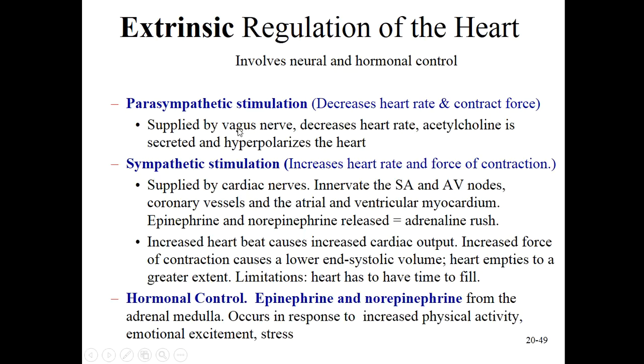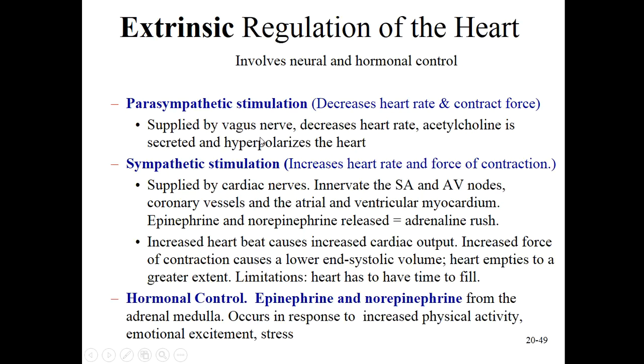So it relates to sexual arousal, and it relates to speeding up digestion and slowing down the heart rate. How does it do that? Well, look at this. It uses acetylcholine onto a muscarinic receptor, as a matter of fact, found within the SA node and AV node, and it has exactly the opposite effect of epinephrine and norepinephrine.